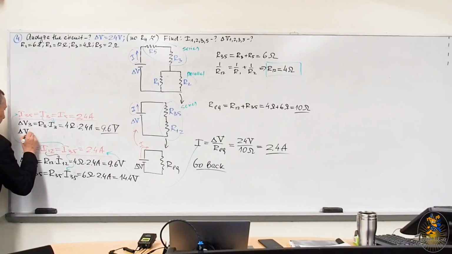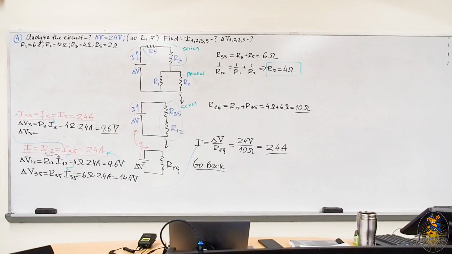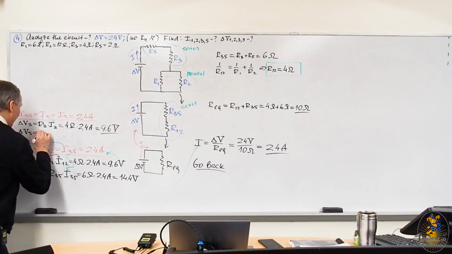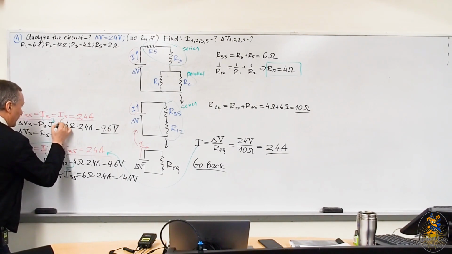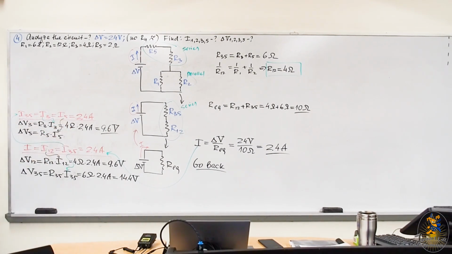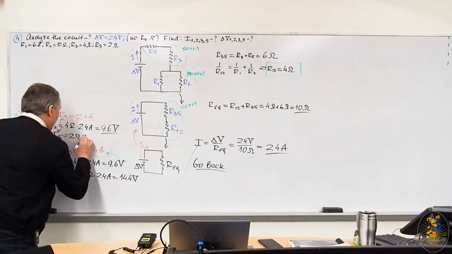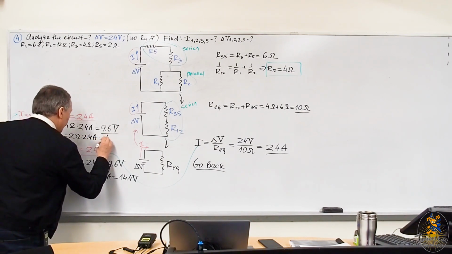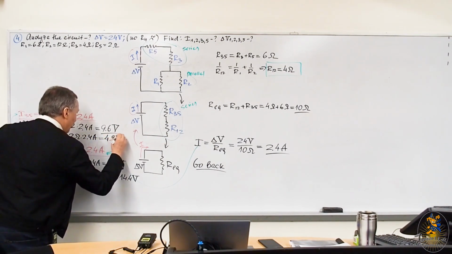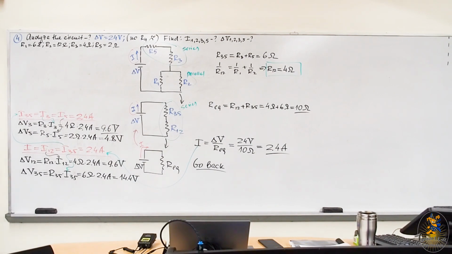Just from an educational point of view, I like this structure. I find it very convenient. So R5 times I5, again I5 is from the bridge. Value of R5, 2 ohms times 2.4 amps. So it's 4.8 volts. So we finished analyzing the resistors R3 and R5.